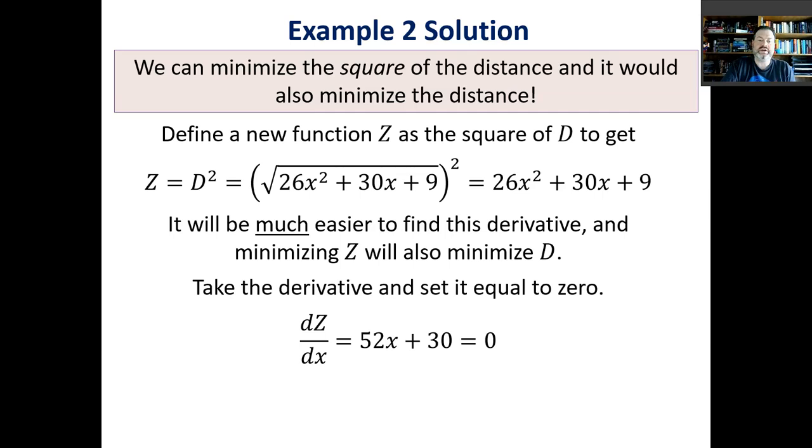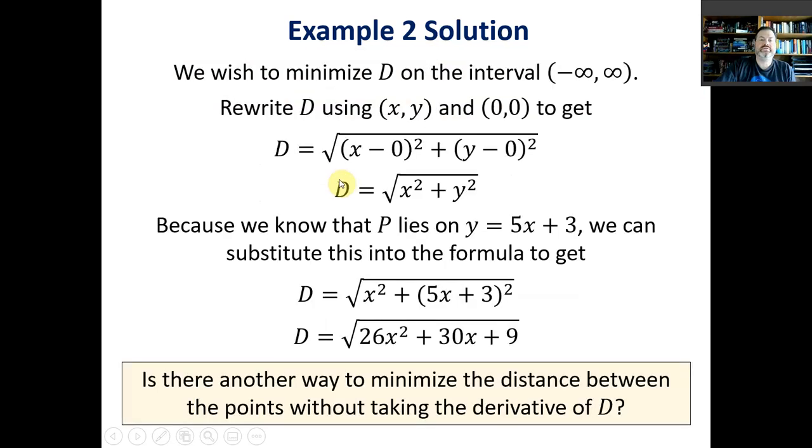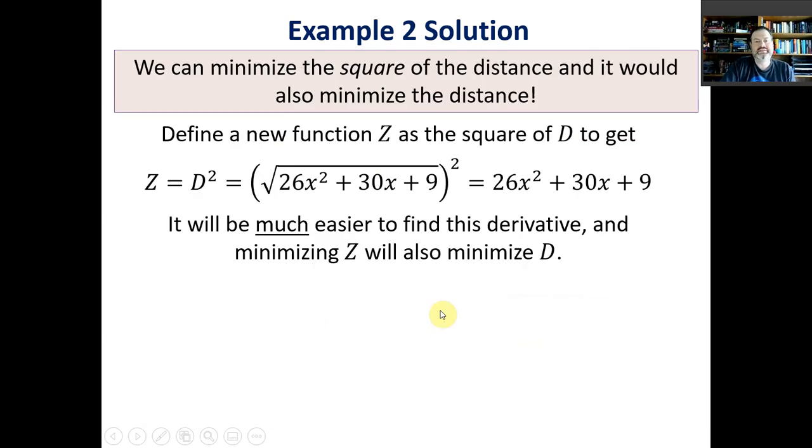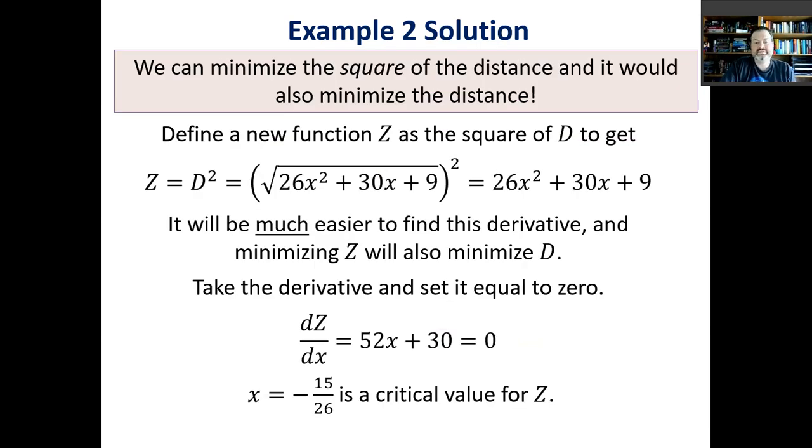So that's an easy derivative, easy to solve. So you get a critical value of negative 15/26. Now you'd get the same number if you took the derivative of d, but yucky yuck. Nobody wants to do that. Not even me, and I like this stuff.